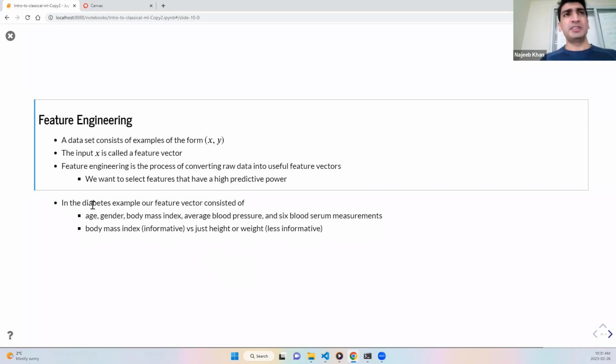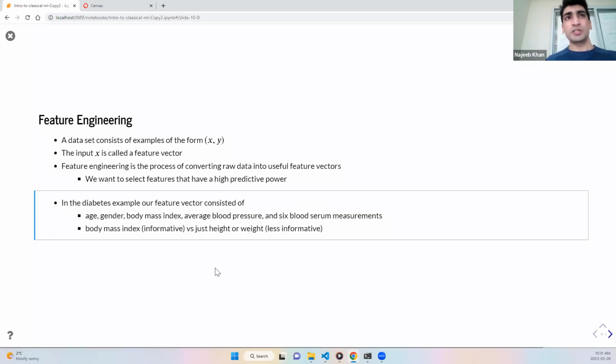In the diabetes example, our feature vector consisted of age, gender, BMI, and so on. This came out of some feature engineering activity. Why do I say that? Look at the BMI, which is informative for predicting a disease, versus just height or weight.